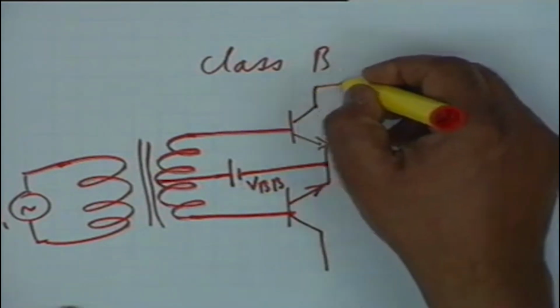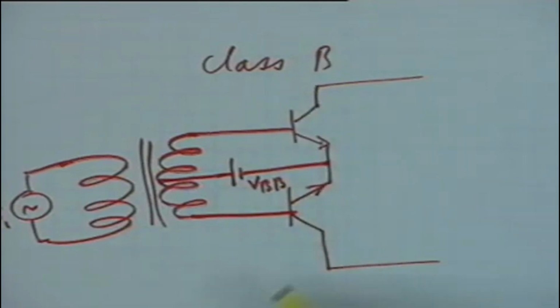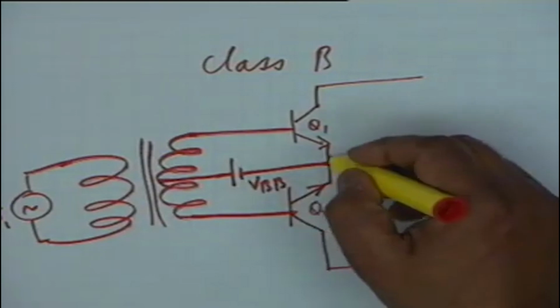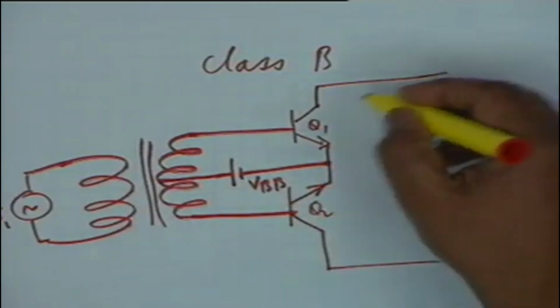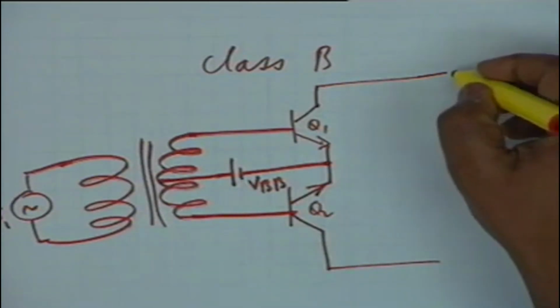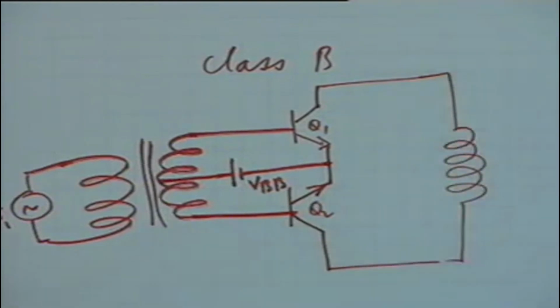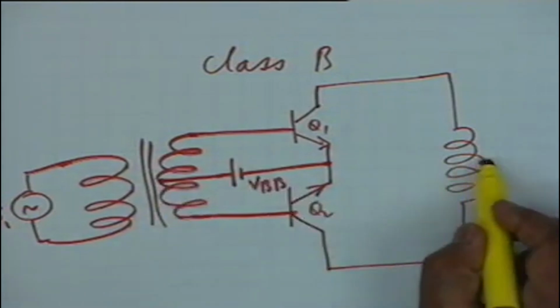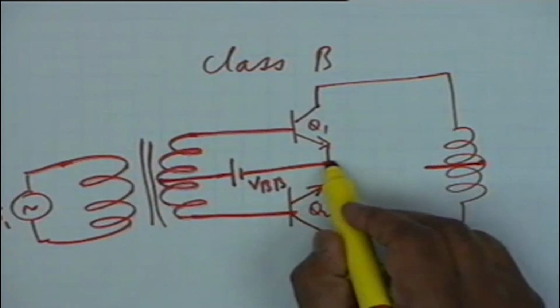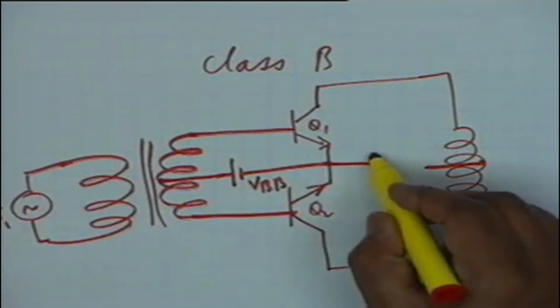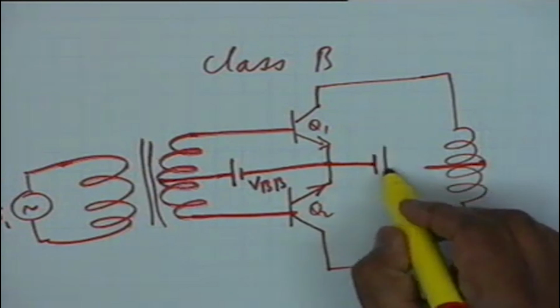Now in the collector circuit, you see there are two transistors, Q1 and Q2. The two collectors are connected through a transformer, the center tap of which is connected to this point, and the battery VCC is connected here.